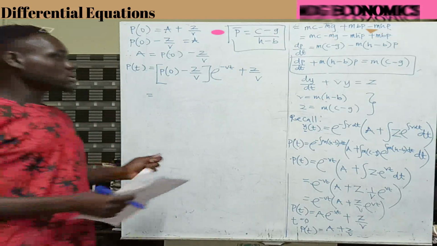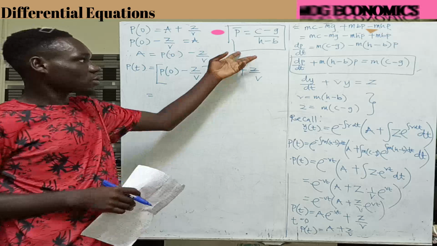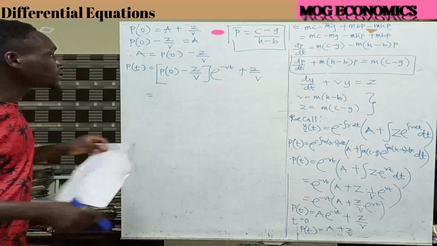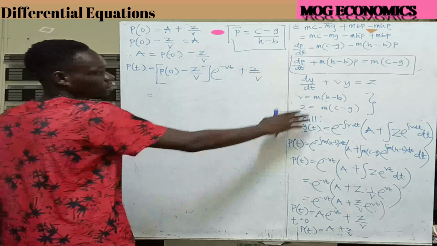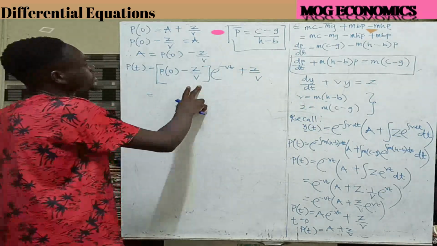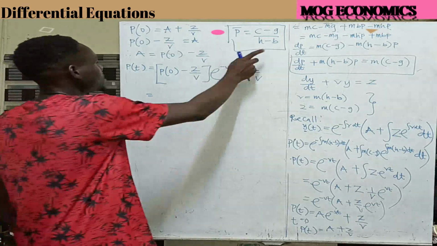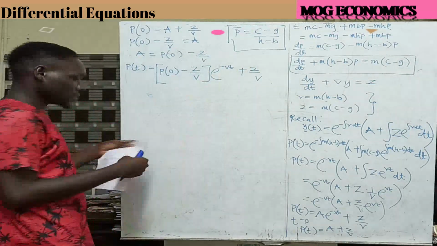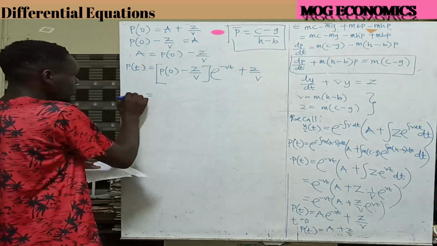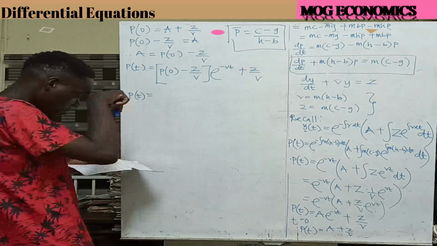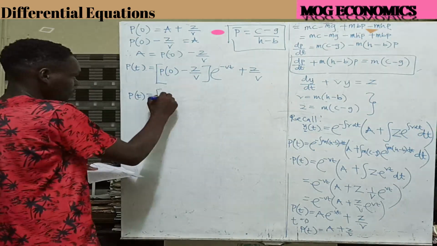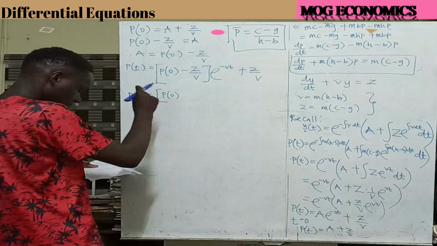Okay, so this is our equilibrium price. We showed that earlier. All right, so here we are going to be making use of this. So we are replacing this into this, and we are using this here. So this is what happens here. From here we have et. Here our e0.